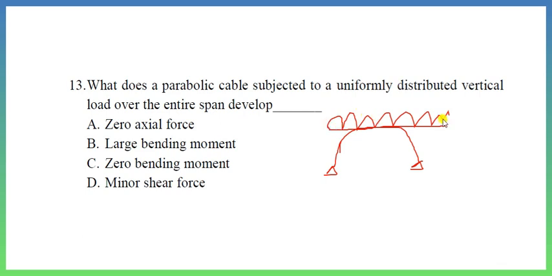So in this case, if a 2 hinge or 3 hinge parabolic arch is subjected to UDL throughout its length, the bending moment is 0 everywhere. So in this case, the bending moment is 0. So option C is the correct answer, that is 0 bending moment.